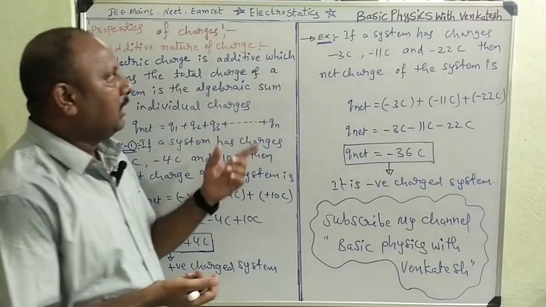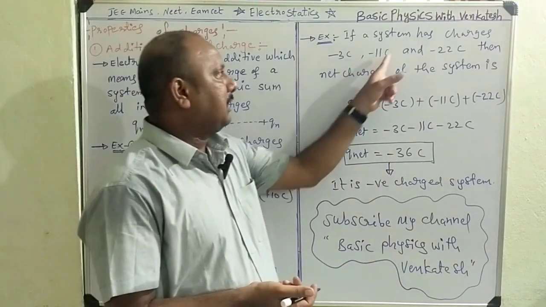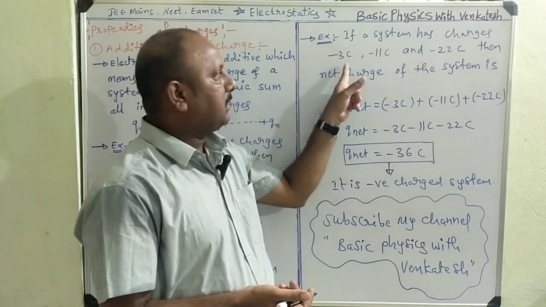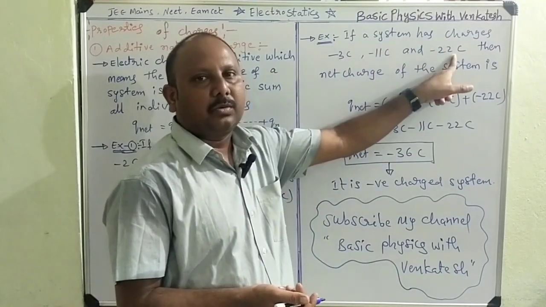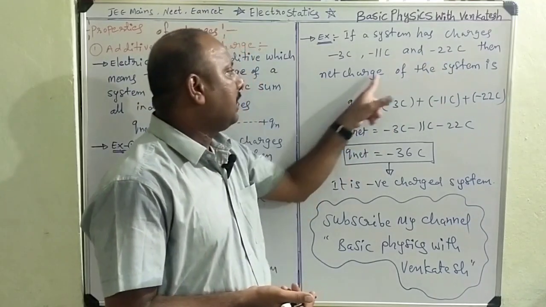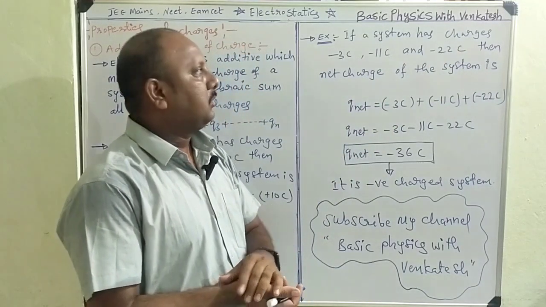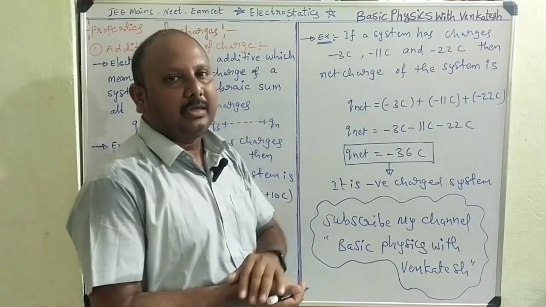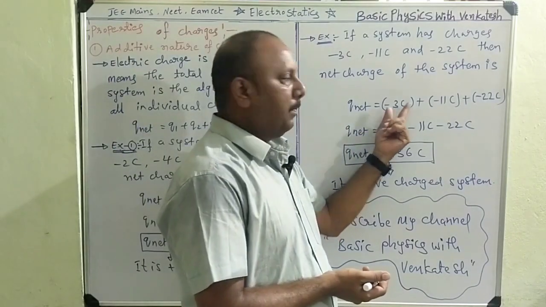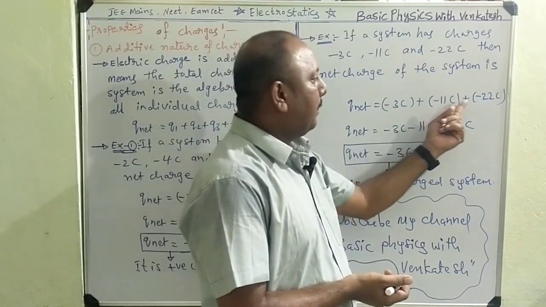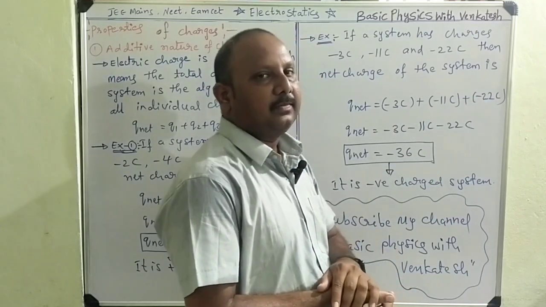Let us consider example number 2. If a system has charges minus 3 coulombs, minus 11 coulombs and minus 22 coulombs, then the net charge of the system is? These are also added algebraically. So Q net equals minus 3 coulombs plus minus 11 coulombs plus minus 22 coulombs.